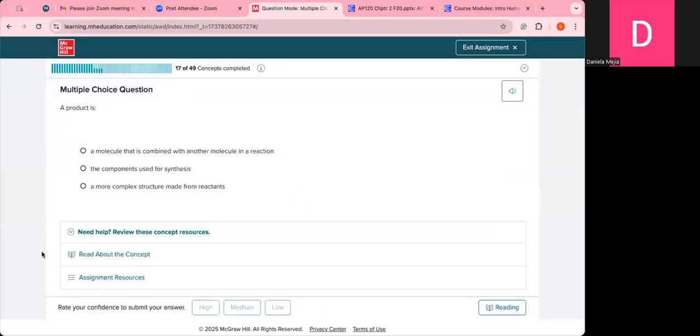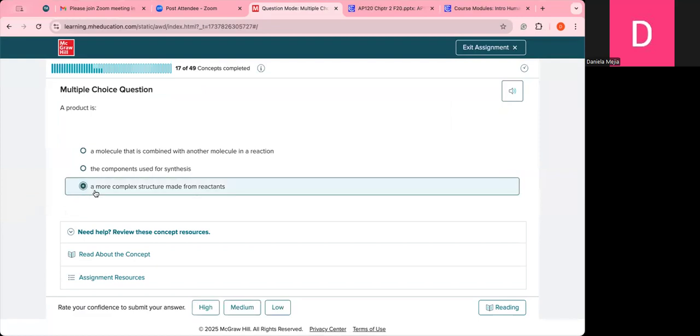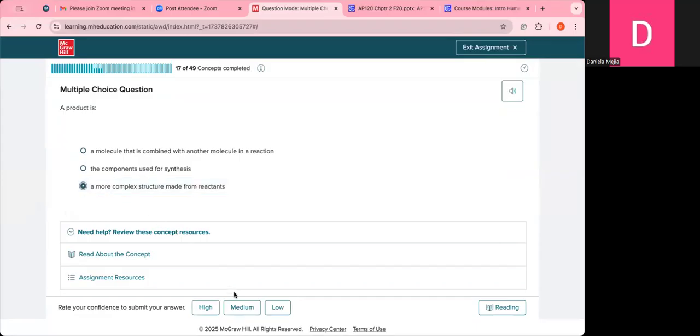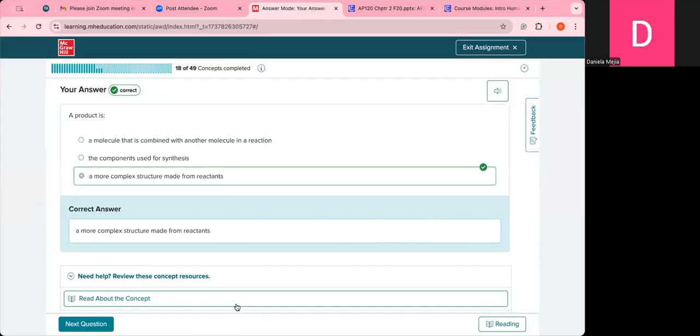So a product is a more complex structure that is made from reactants. Okay, I think that's correct, yeah.